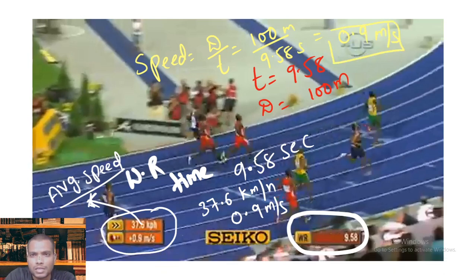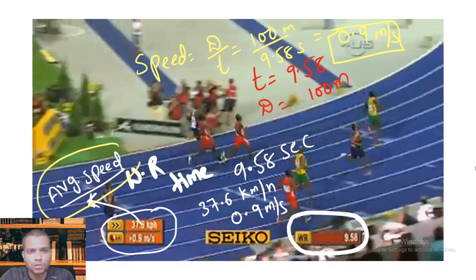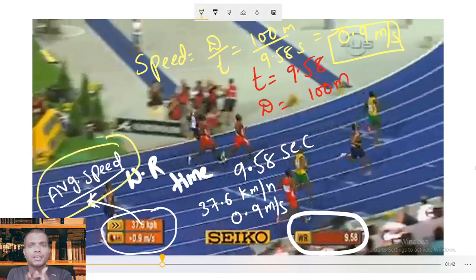So Usain Bolt covered that many meters per second. What we calculated here is average speed, or average velocity also you can say, because it is a 100 meters race, so they have to run in only one direction. So we can say here it is the average velocity also.